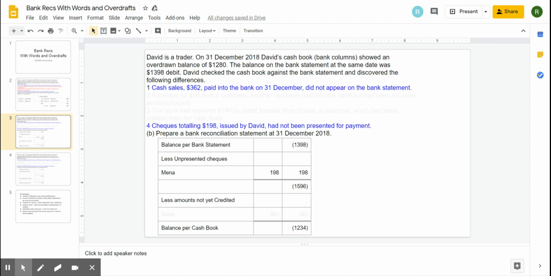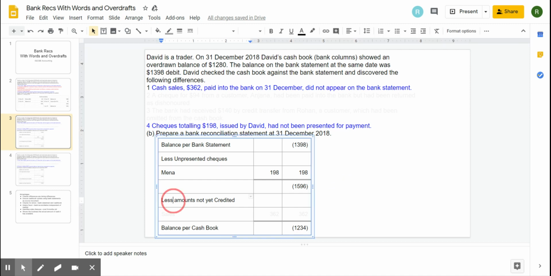And then we need to, I've made an error there, add the amounts not yet credited. The reason why we add the amounts not yet credited is that amounts credited on the bank statement are money going into the bank.